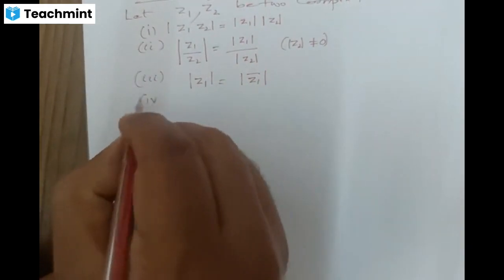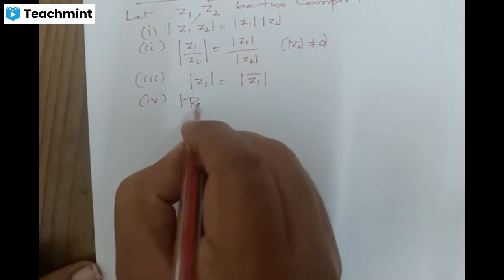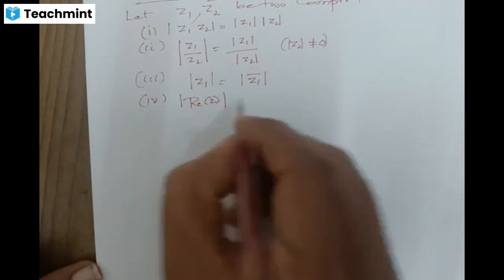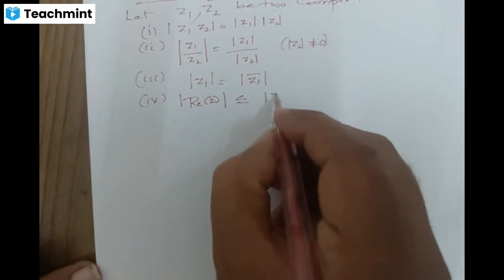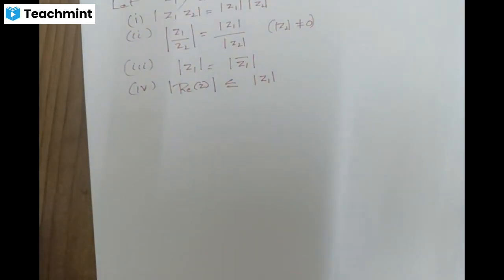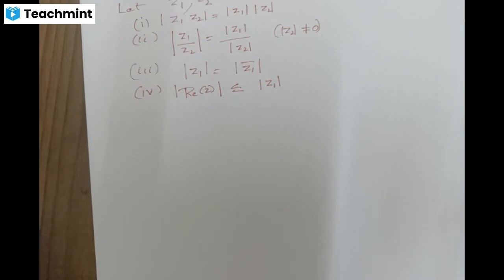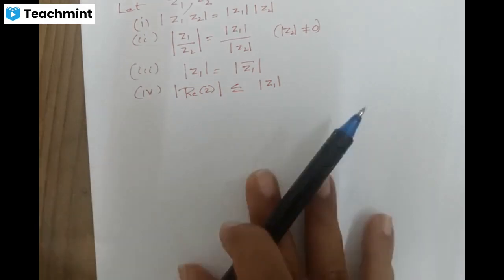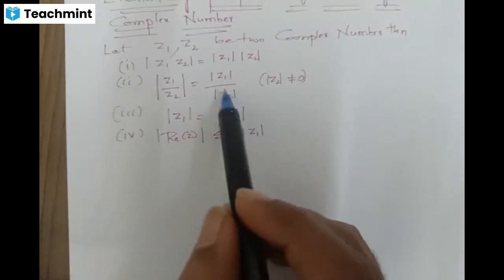And the fourth one is: modulus of the real part of z1 is always less than or equal to mod z1. We can prove one by one. Once again, let z1 and z2 be two complex numbers.